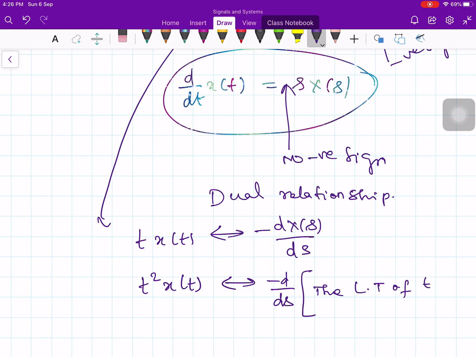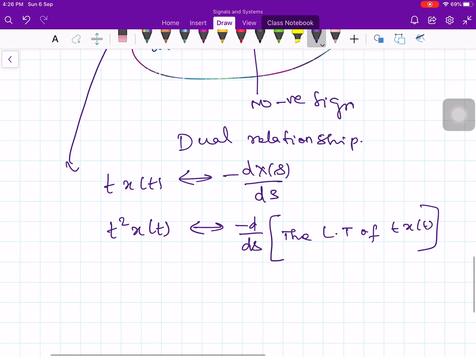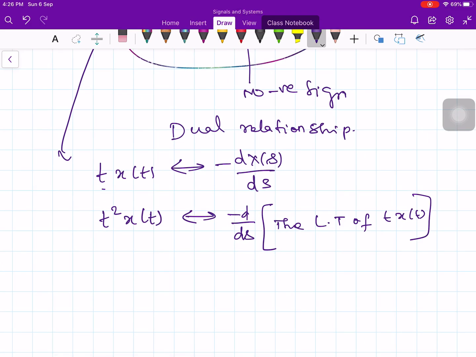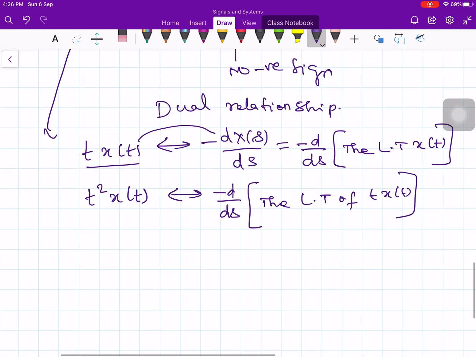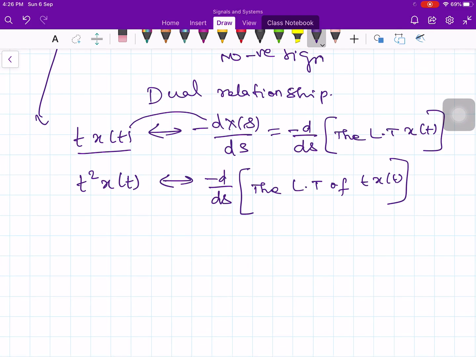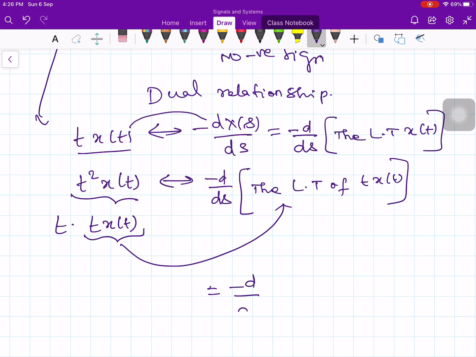You can write t squared x of t as t times t times x of t. Now you find the Laplace transform of this, and we know the Laplace transform of t times x of t, so you can substitute: minus d by ds of minus d by ds of x of s.